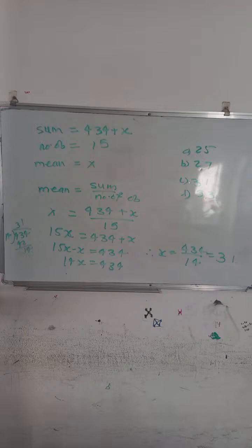A card is selected at random from a well shuffled deck of 52 cards. The event E is that the card is not an ace of hearts. The number of outcomes favorable to E is first 4, second 12, third 48 and D 51.